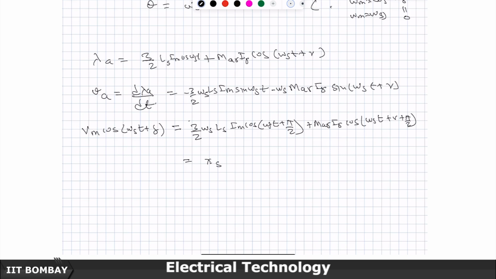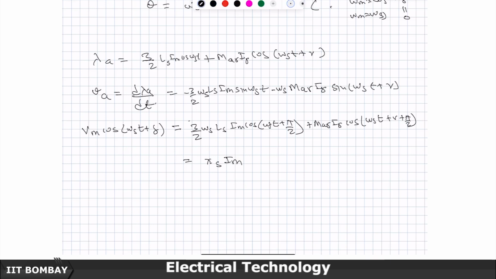So, I will get this as XS Im, and it is okay to call this synchronous reactance because omega times L is reactance. There is only this scaling factor of 3/2, but otherwise it is basically a term of reactance. The 3/2 is coming because the mutual coupling of the other two windings, B phase and C phase, has also been included here.